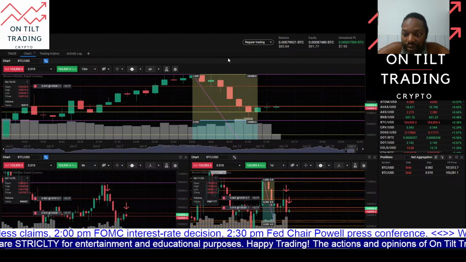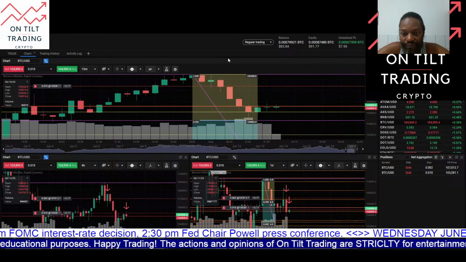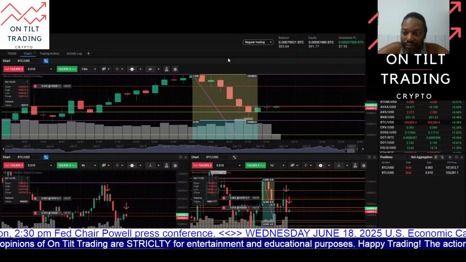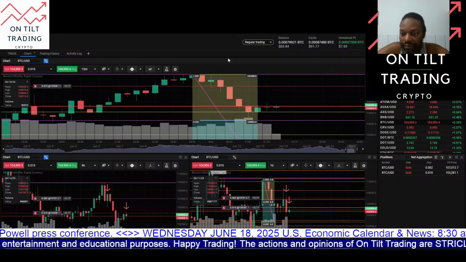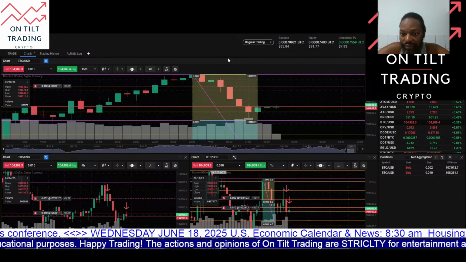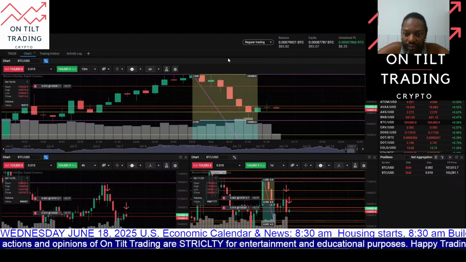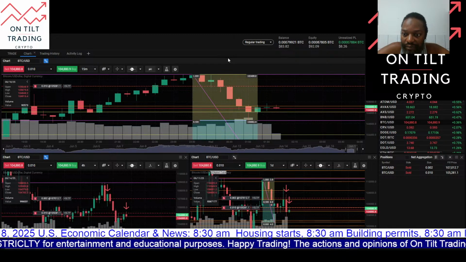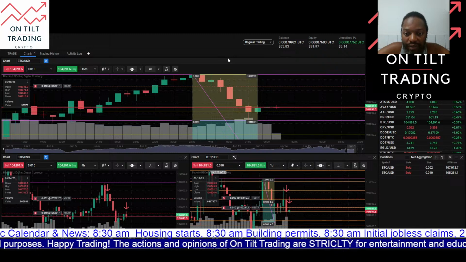And price stalling here at the 104,909.3 level. And price now being delivered to the sell side, trading below the 104,900 level currently.